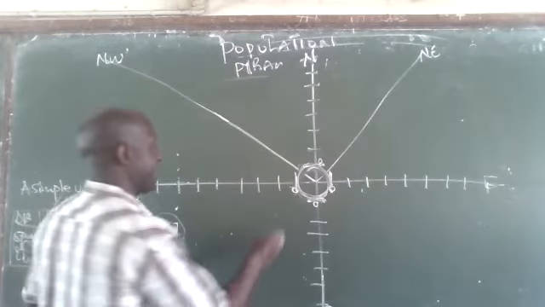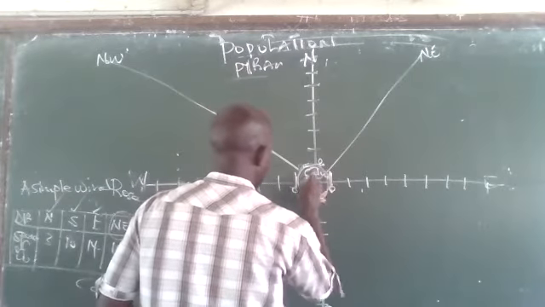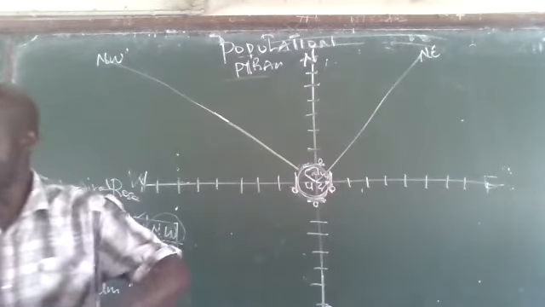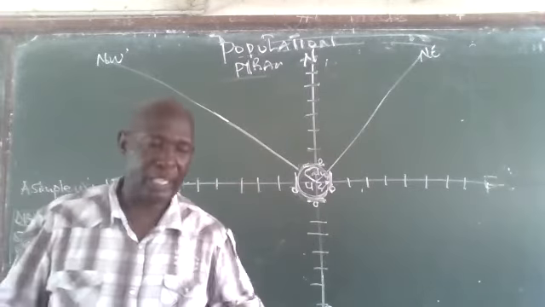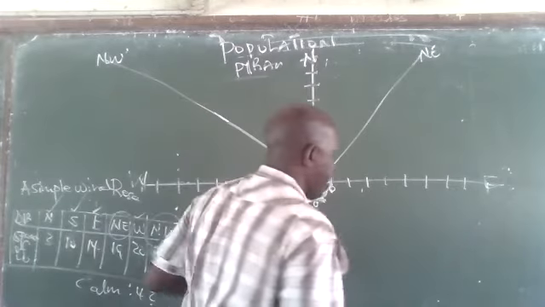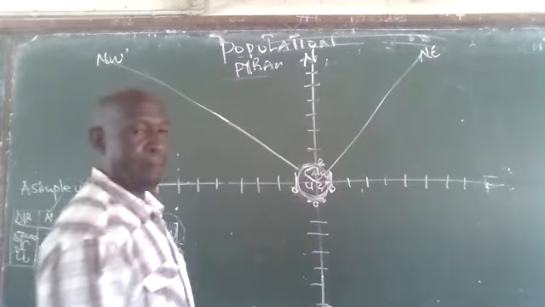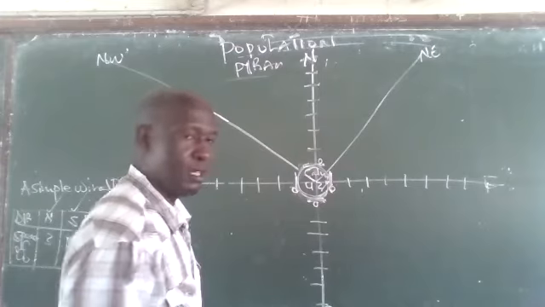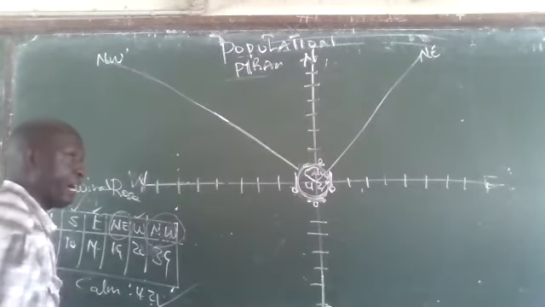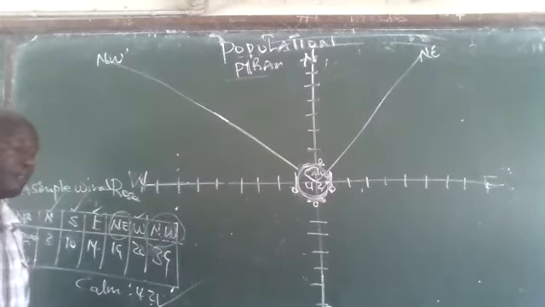If the calm is there, purely plot it in the center, meaning that the wind was not blowing in any direction. Even by all the geographers, we do not have on the compass a direction called the calm. So we have now carried out the plotting for the calm.